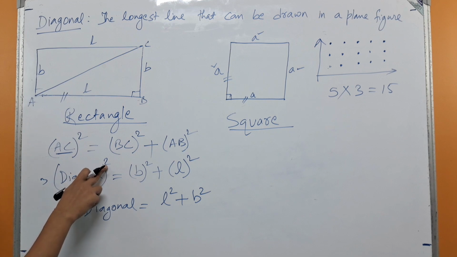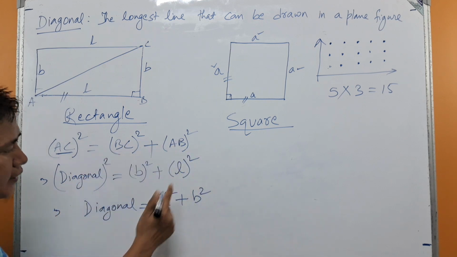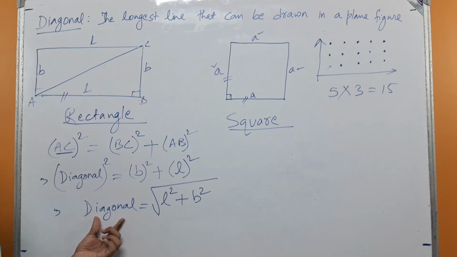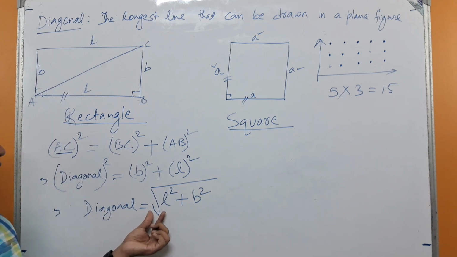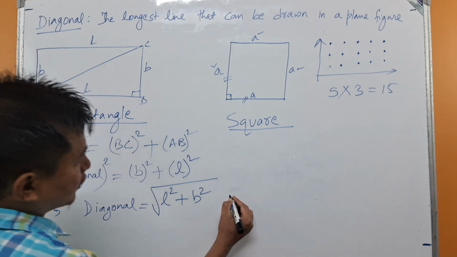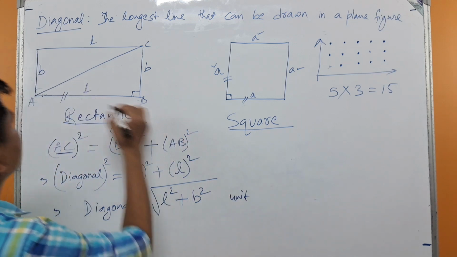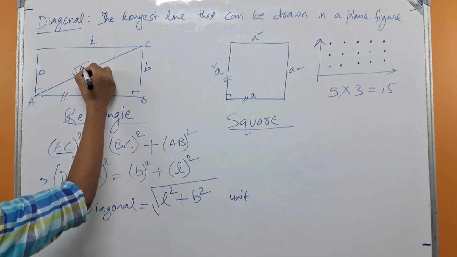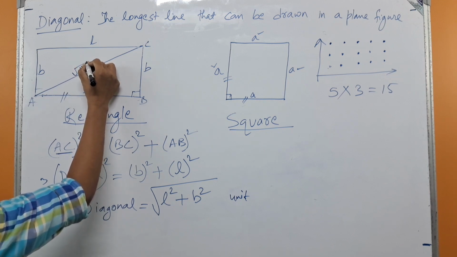Now we take this square from left hand side to the right hand side, this becomes a square root, isn't it? So length of diagonal in case of rectangle is given by the formula root under length square plus breadth square unit. Okay, so length of this diagonal AC is root under L square plus B square.